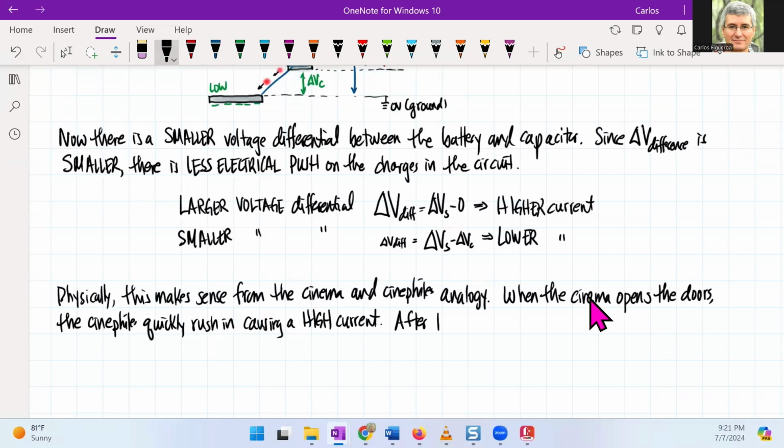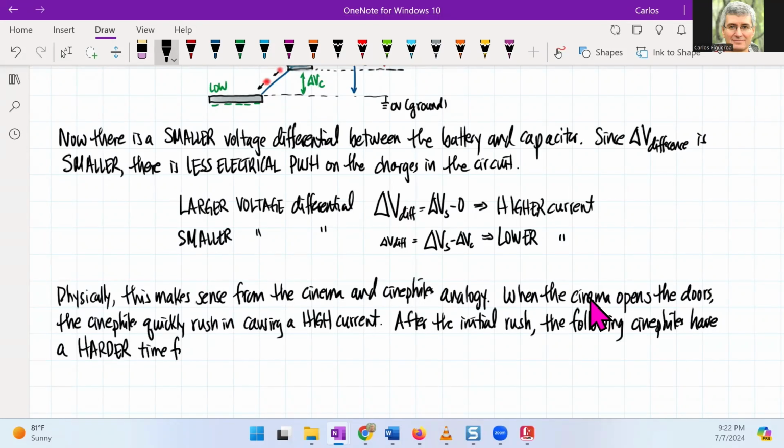After the initial rush, the following cinephiles have a harder time finding good seats.